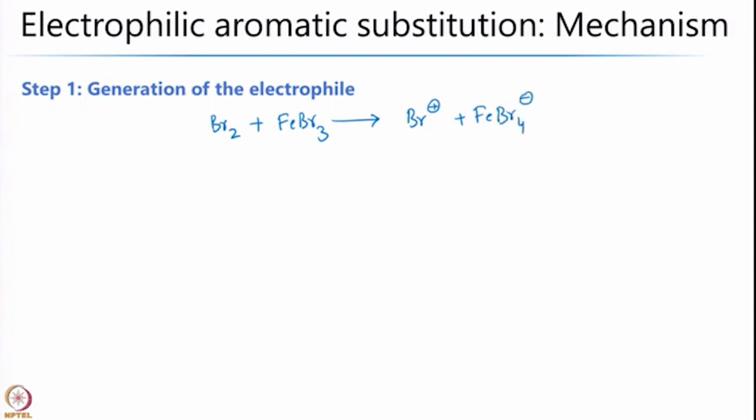and once this reaction takes place, now you have an electrophile which is this. This is also depicted as E+, where E stands for the electrophile, and once the electrophile is generated, this would go and attack the aromatic system. So the next step is the attack of the electrophile.